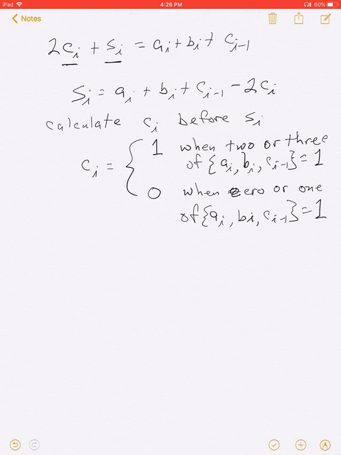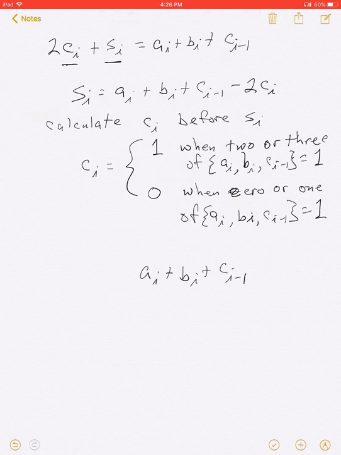So I need a function that will map the values of Ai, Bi, and Ci minus 1 to 1 when 2 or 3 of them are 1, and to 0 when only 0 or 1 of them is 1. So I'll just write down Ai plus Bi plus Ci minus 1.